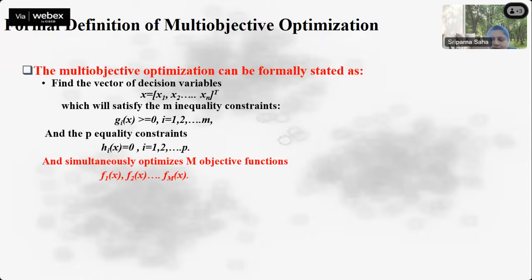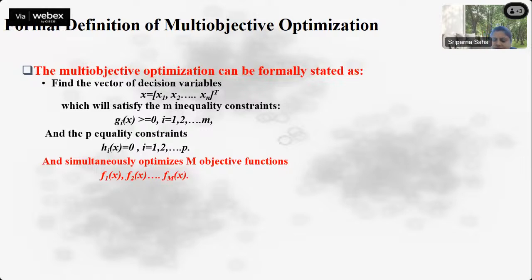I have already discussed the formal definition of multi-objective optimization. There will be a vector of decision variables x and some constraints, and we have to simultaneously optimize some objective functions. The objective functions could be cost and comfort, and the constraints could be that mileage will be greater than or equal to 20 miles per hour, and seats for 6 adults.